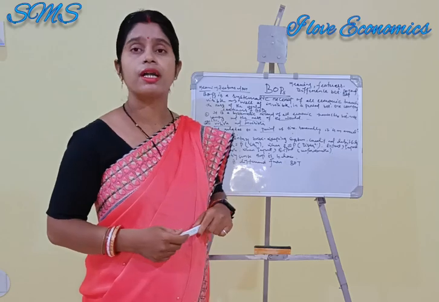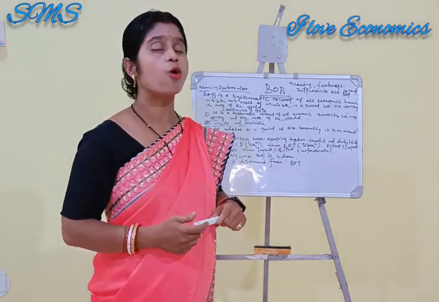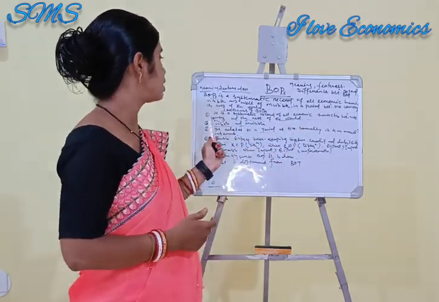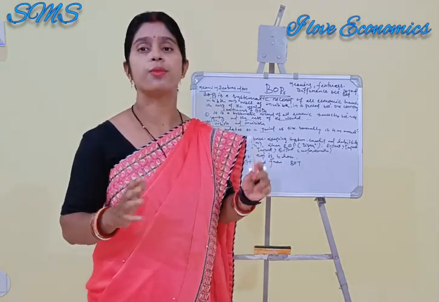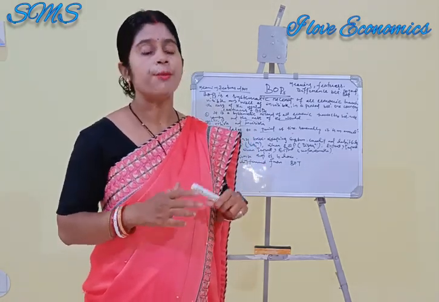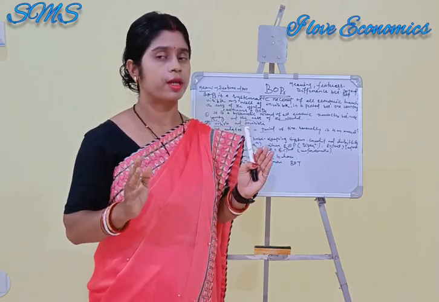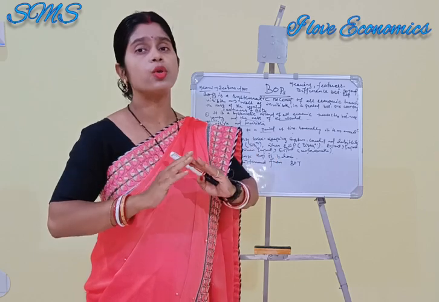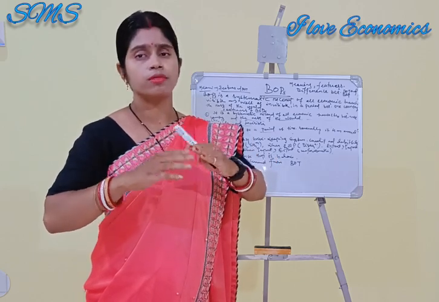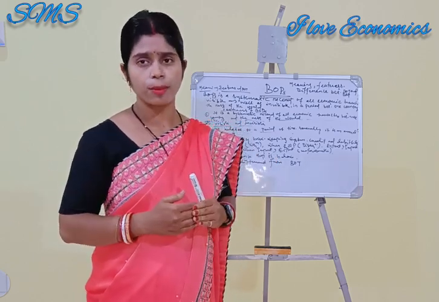So the first feature is that it is a systematic record of all economic transactions between one country and the rest of the world. It is a very systematic record, there will be no doubt, because no unnecessary data will be taken into account.